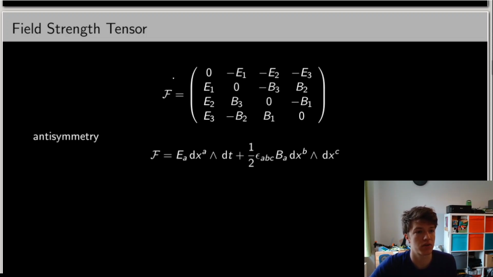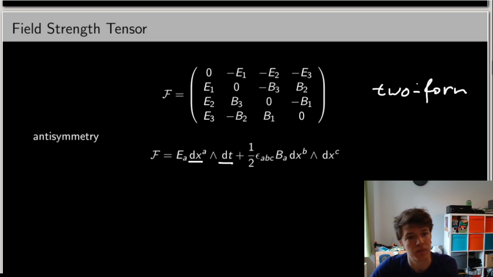They are together described as the field strength tensor, and we see that the components here are the electric and magnetic fields, and also we see that the field strength is antisymmetric. So we can write it out in this way with two forms. So usually we call it a two form, because it is an antisymmetric tensor.